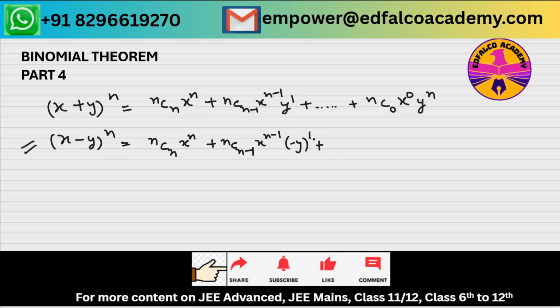Same way, the next term would be nCn-2 x to the power n minus 2 into minus y to the power 2, and so on it will continue till we arrive at plus nC0 x to the power 0 y to the power n. Here it will be minus y to the power n.